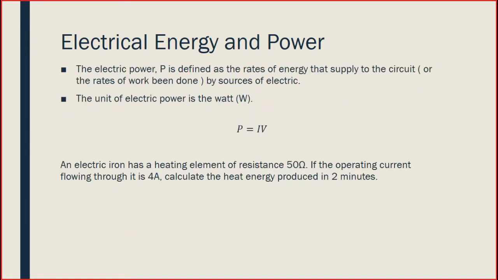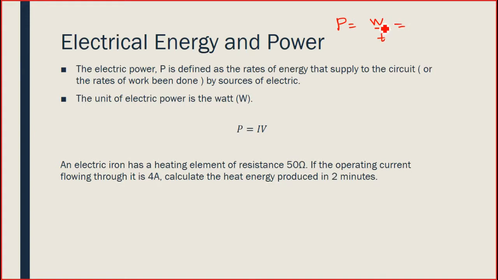All right, so the previous one is electrical energy. Now here is electrical power. Electrical power P is defined as the rate of change of energy that's supplied to the circuit. So the power is usually defined as work over time, the rate of energy divided by time.